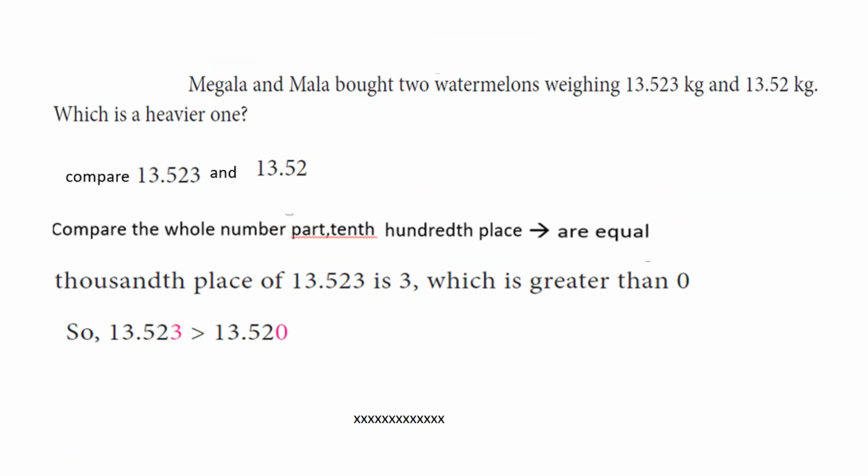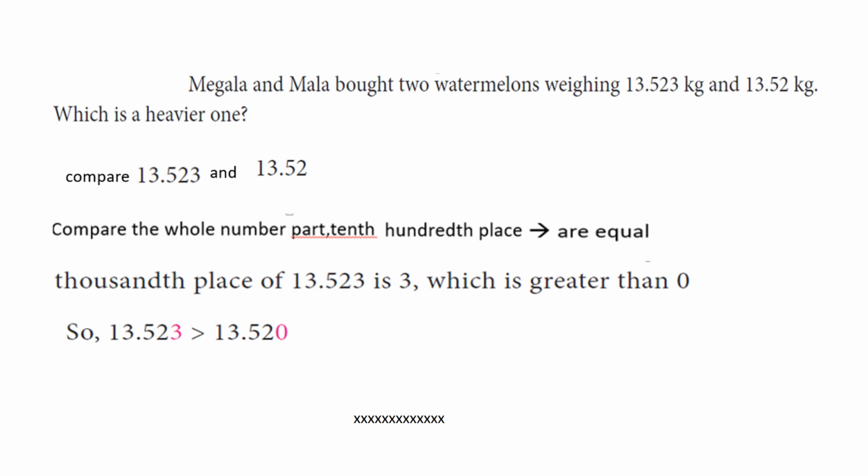Meghala and Mala bought 2 watermelons weighing 13.523 kg and 13.52 kg. Which is heavier? So given data 13.523 and 13.52, we have to compare. So first see the whole number part, that is equal, and the 10th part 5 and 5 also equal, the 100th place 2 and 2 also equal.